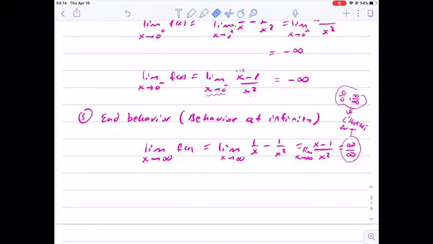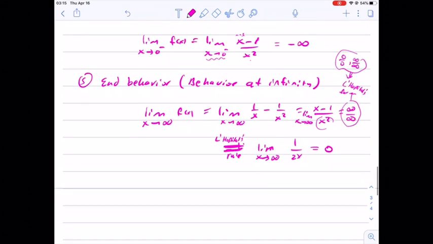So here we apply L'Hopital's rule to get limit as x goes to infinity of, what is the derivative of the numerator? It's 1. What is the derivative of the denominator? It's 2x, and substitute infinity. 1 over infinity is 0.